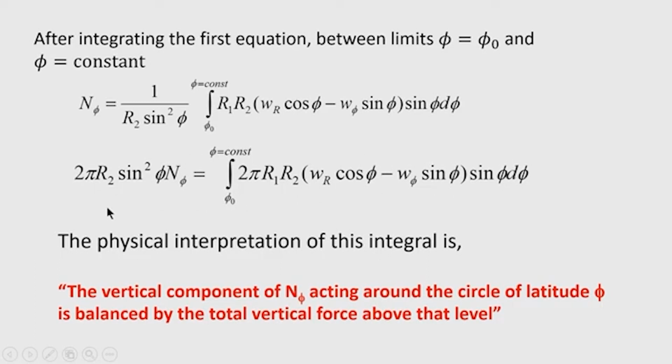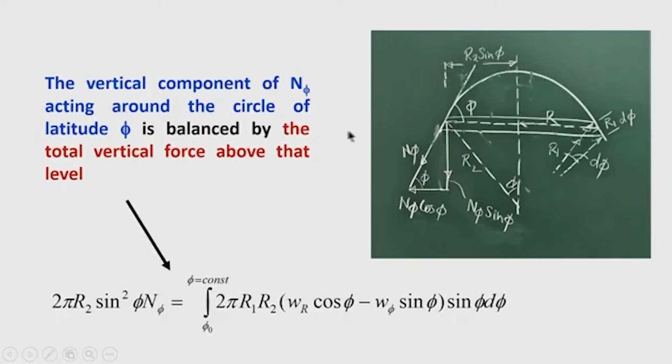Physical interpretation: if we see the left hand side, here is a part of the shell, the surface of revolution, and n phi is the meridional stress acting along the tangent at the meridian. So, n phi sin phi is the vertical component of the meridional force at an angle phi.